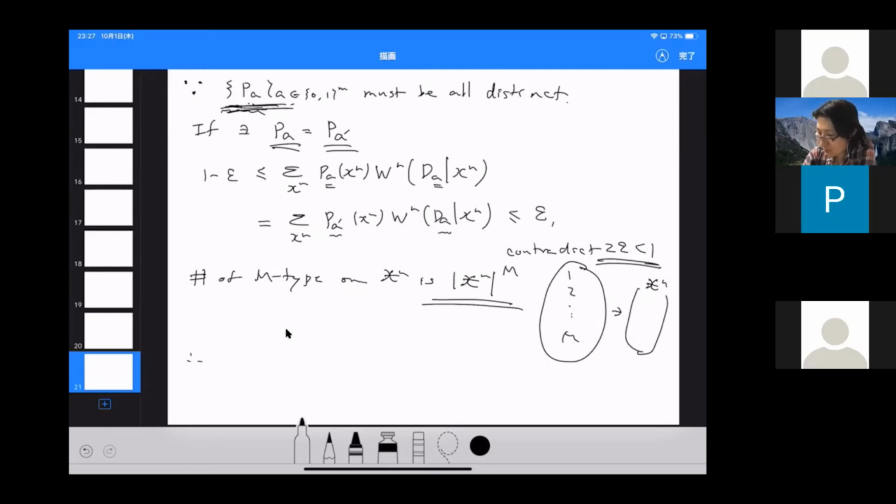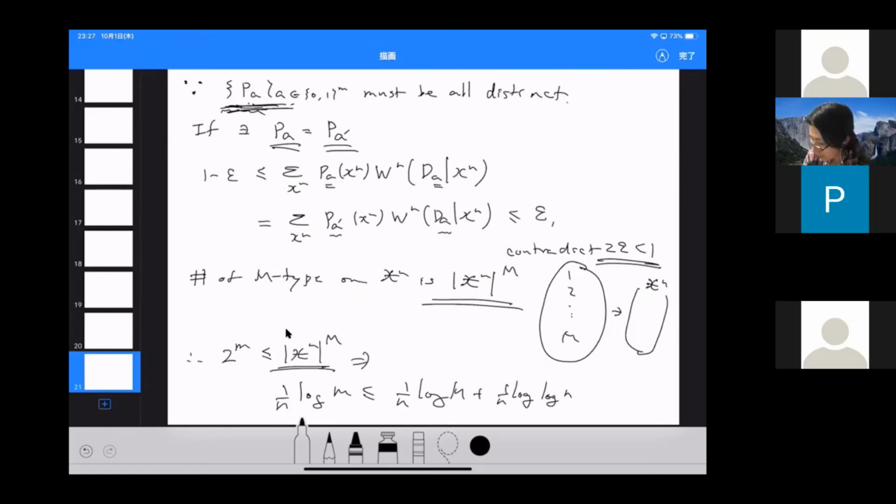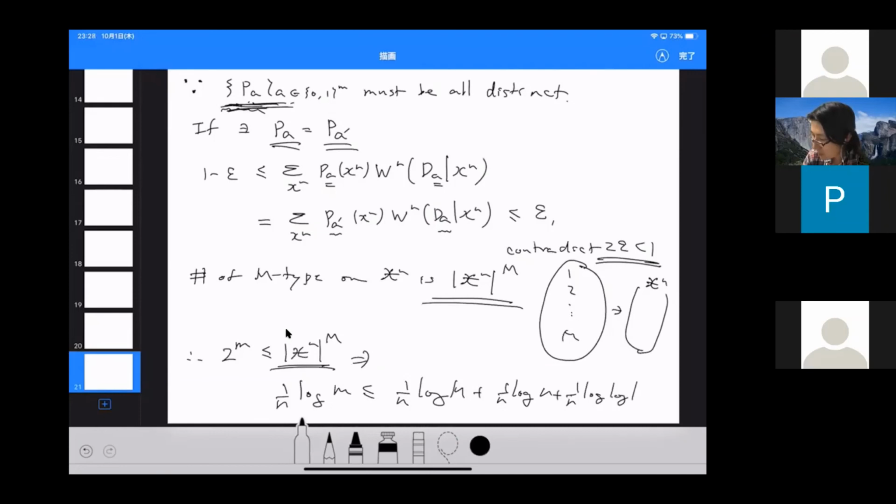Because these are all distinct, 2 to the power M must be smaller than this. And then taking the logarithm, we get this. Okay. So for m-canonical ID code, we can fairly easily derive some converse.